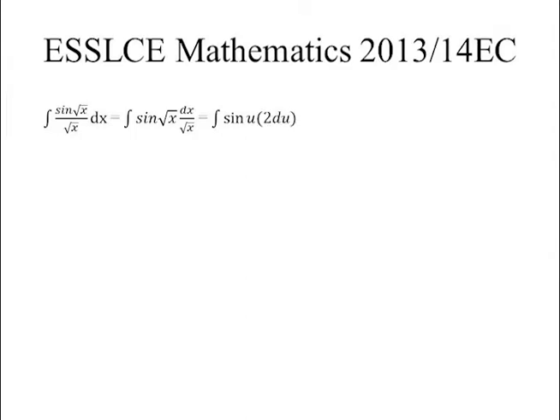Since 2 is a constant, we can take it to the front. This gives 2 times integral of sine u du, which is 2 times negative cos u plus c. Since u means root x, this gives us negative 2 cos root x plus c. So choice C is correct.